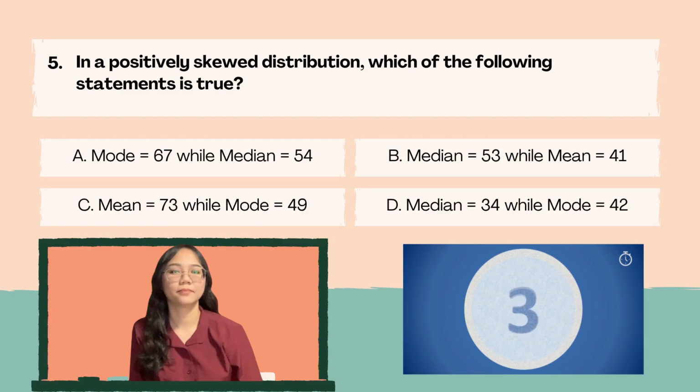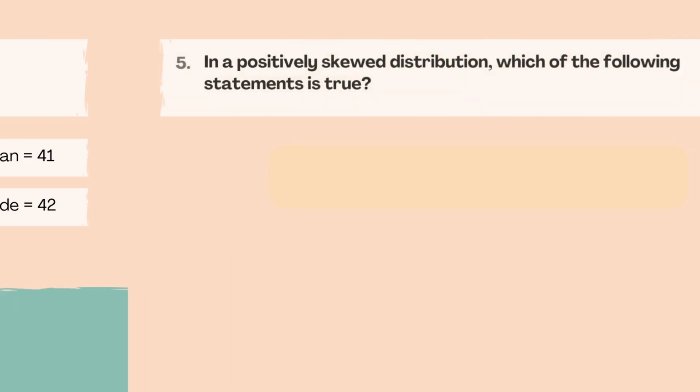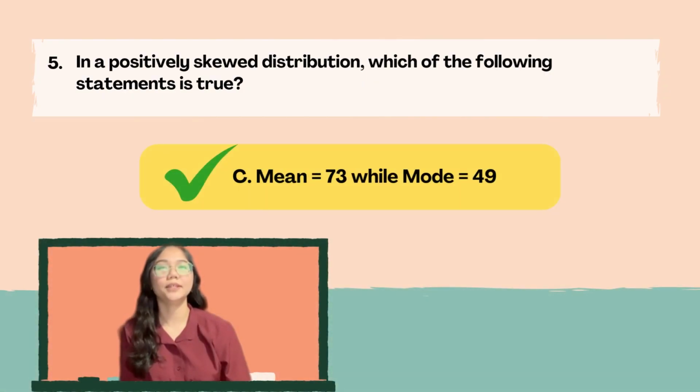The correct answer is C. Mean is equal to 73 while mode is 49. In a positively skewed distribution, most of the scores are low and only a few are very high. This makes the tail of the graph stretch to the right towards the larger values because those few high scores pull the mean upward.